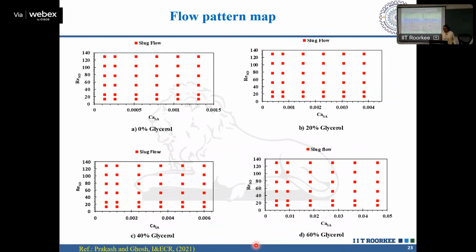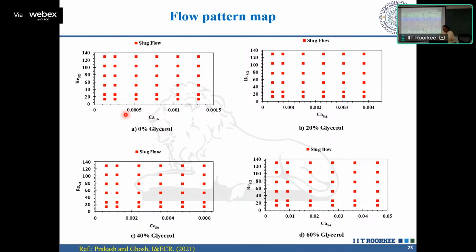So this is the flow pattern map for all the cases. Since the phases have different physical properties, with different density, viscosity, and surface tension, they have plotted it in terms of non-dimensional numbers, so that we can have a better idea about the forces acting on the phases and compare.